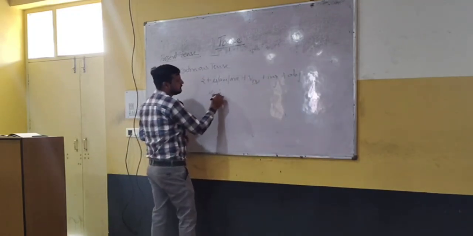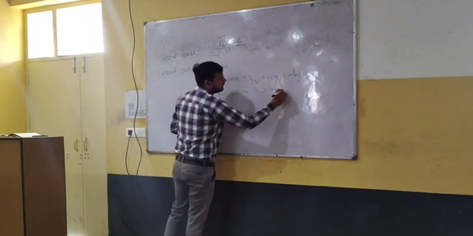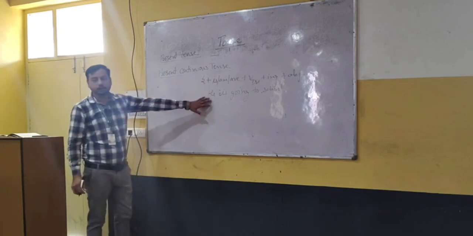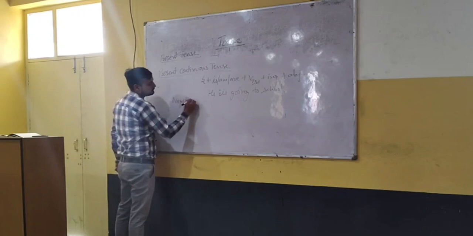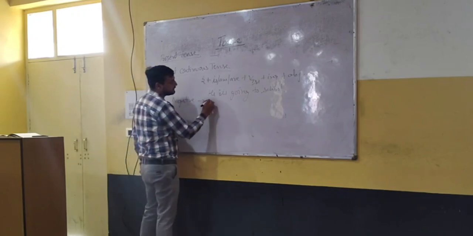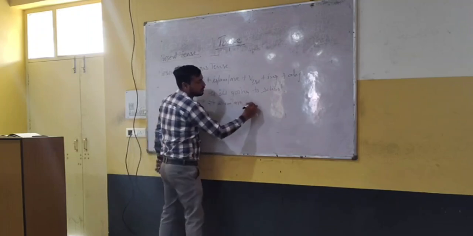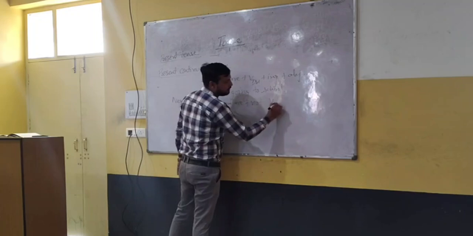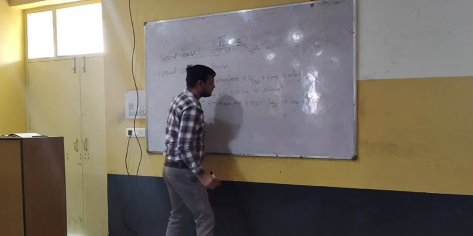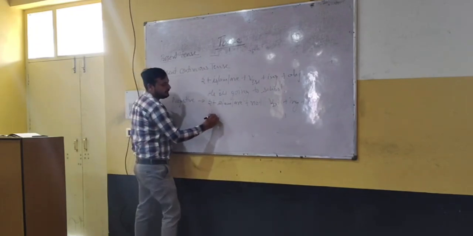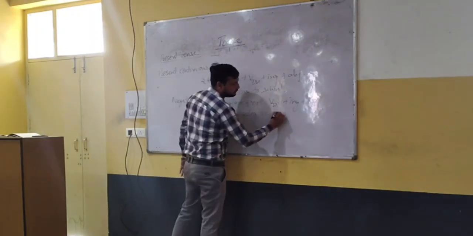For example, he is going to school. Clear? This is the present continuous tense. Now we are going to make the negative sentence. What will be the rule of that? Subject plus is, am, are plus not plus verb's first form plus ing plus object. He is not going to school.